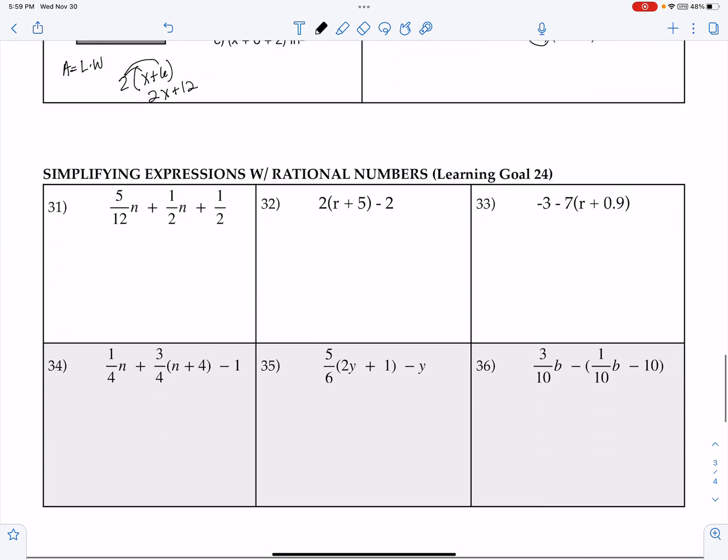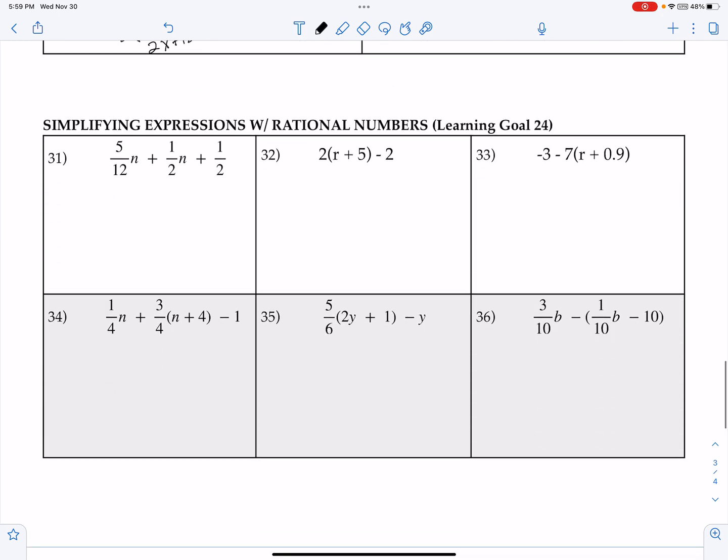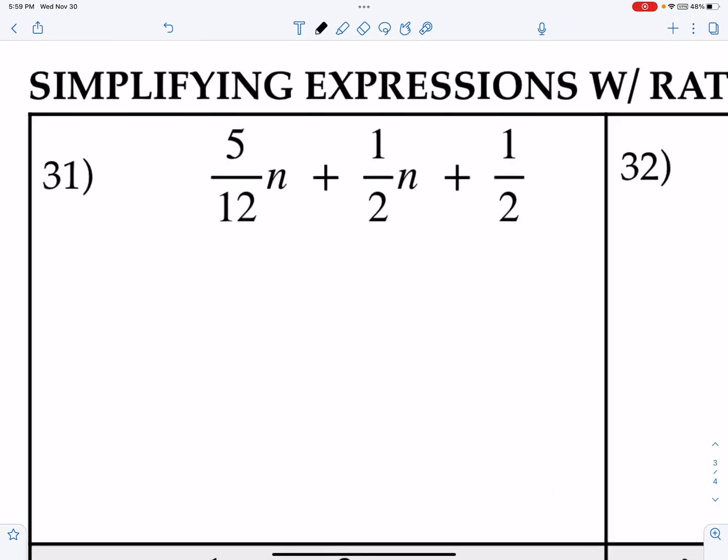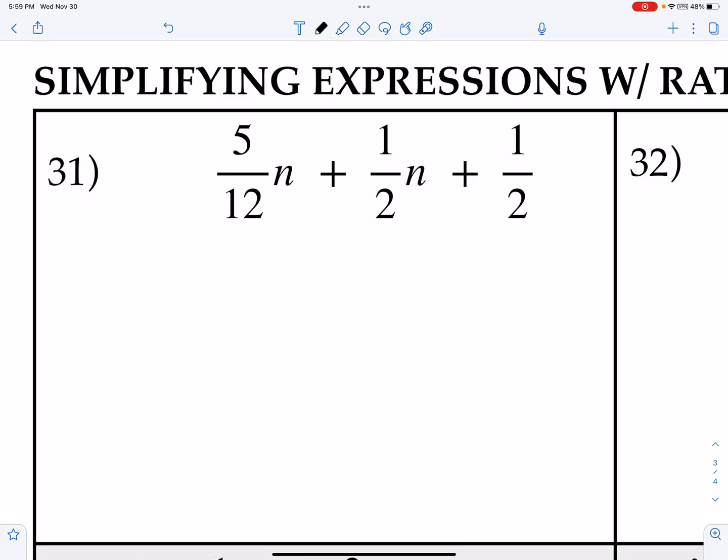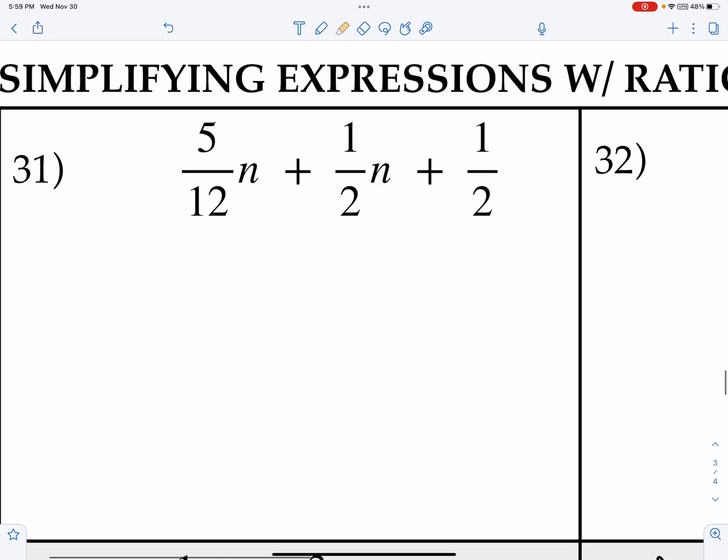All right, down to here, this section, simplifying expressions with rational numbers. I will tell you right away, 35 is the big annoying one out of this, so just a heads up on that. All right, here we go. As we go, I'm going to highlight my like terms. So I have the n club, a positive n club, and then a constant. So I just have to join these together. 5/12 plus 1/2.